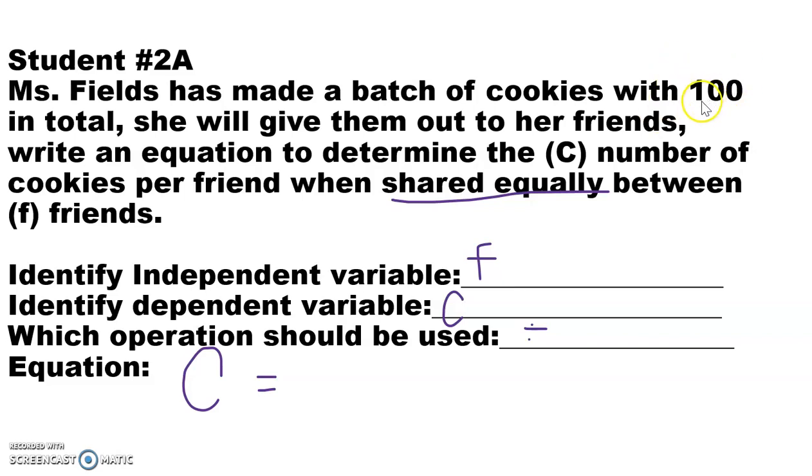So 100 represents how many I have in total, so that is what's going to be divided up. I'll take 100 and divide that by the number of friends. So using these previous steps, I'm able to come up with my equation. This reads that the number of cookies each of my friends gets is equal to 100, my total number of cookies, divided by how many friends I'm sharing with.